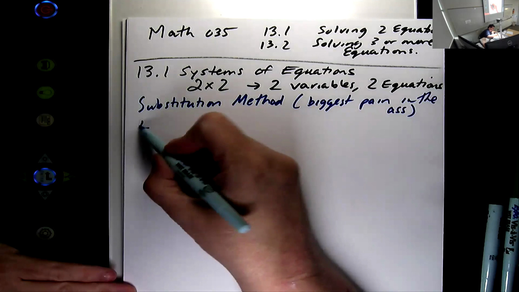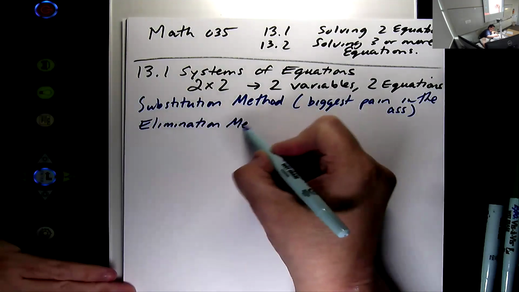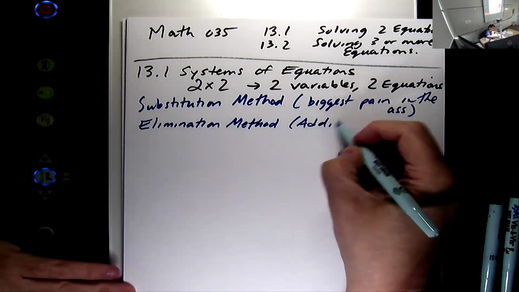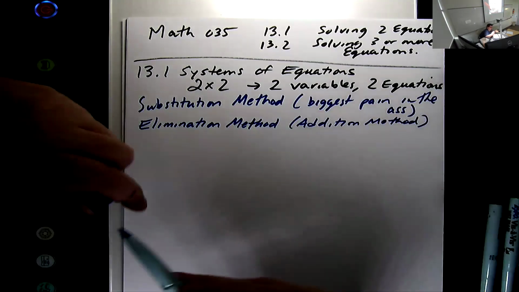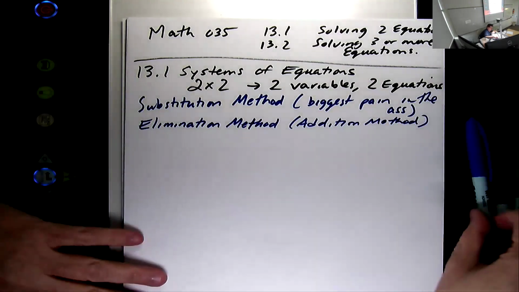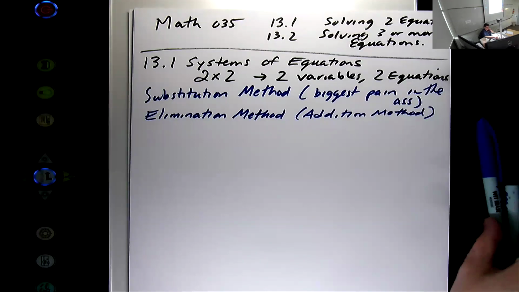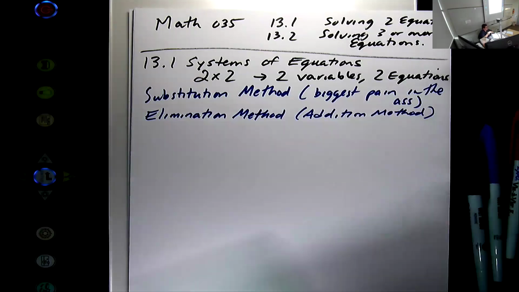The other one is called the elimination method, and this works for everything really well, and it's not really complicated. It's also called the addition method. So let's focus on that. We're gonna go with as simple as possible.